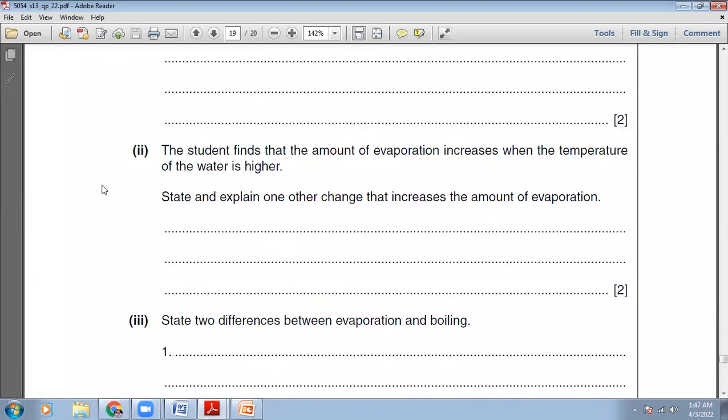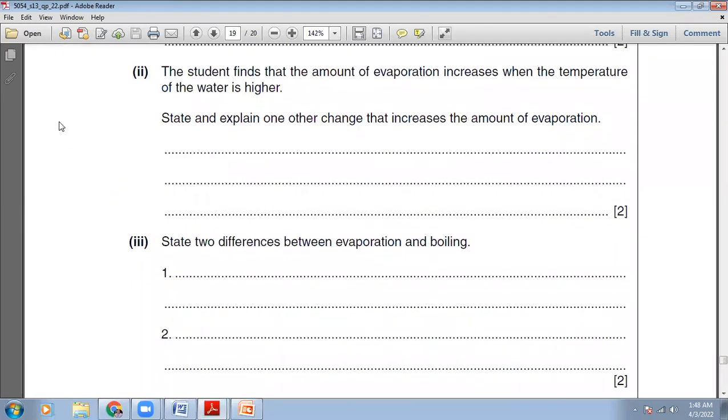The next question is C, second part. He says, the student finds that the amount of evaporation increases when the temperature of the water is higher. State and explain one other change that increases the amount of evaporation. You see, there can be different changes. For example, if you start blowing the wind with the help of some fan, then the rate of evaporation will increase, because that wind will take away the vapors which have come out.